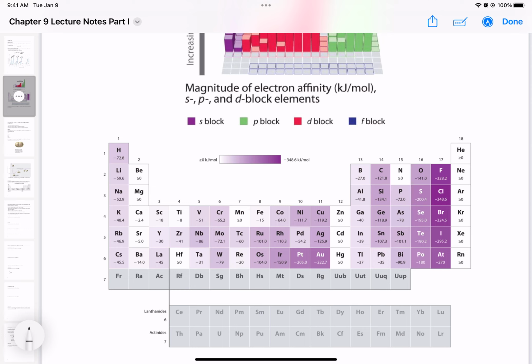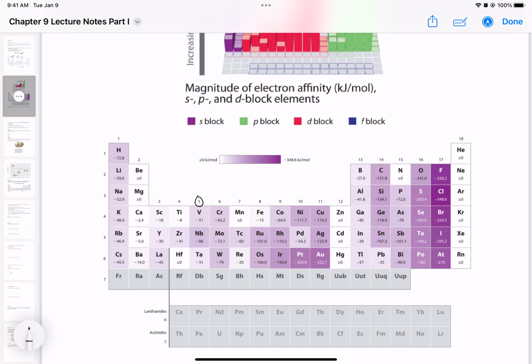So if you see in row 5, column 5 here, it starts at -51 for vanadium, but then it goes more negative when we go to niobium, and then I think that's tantalum, -31. So the trend can't be explained very well going from group to group, but in general we say.